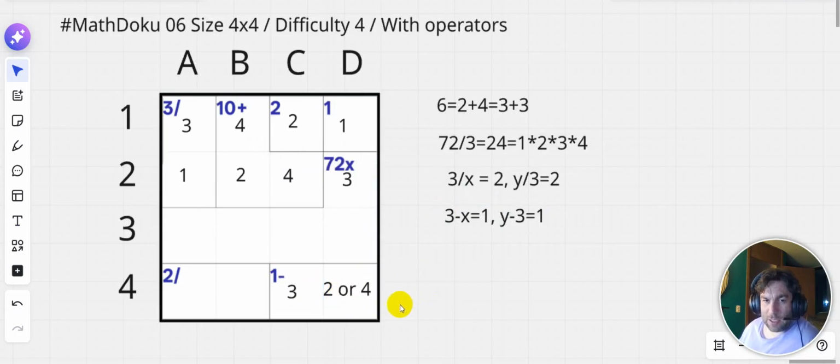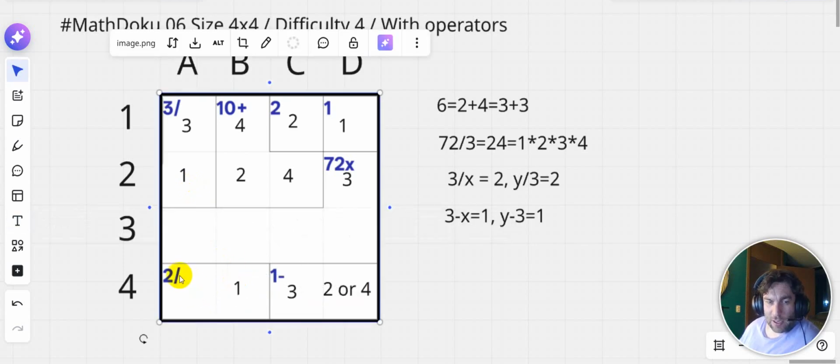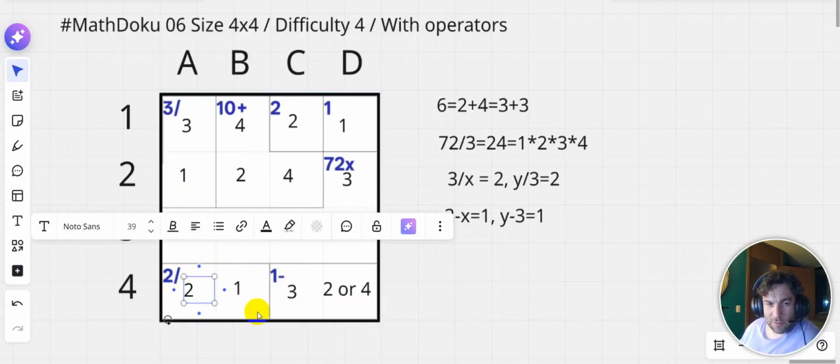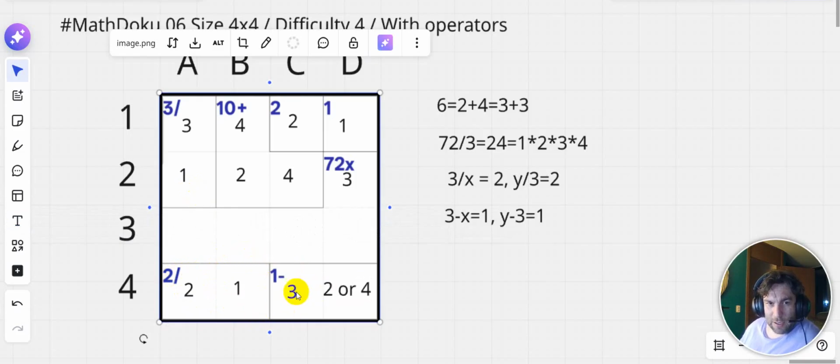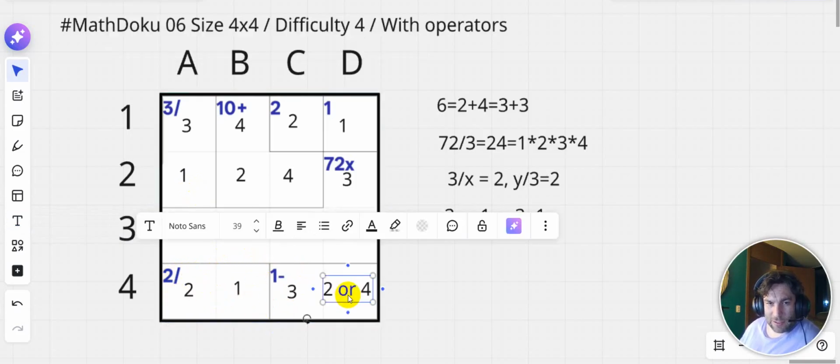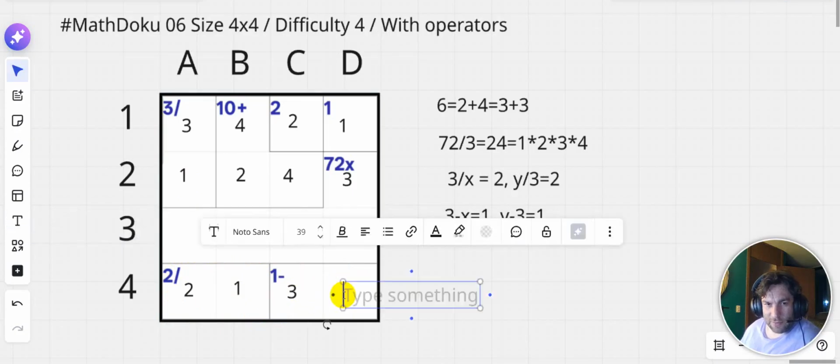Later on we'll have a different notation for that. What we know is that it's not 1. So 1 has to be in this cage. It can't be in column A because column A already has 1, so 1 has to be here. And here, something divided by 1 is 2, so this has to be only 2. Alright? Then this is not 2 or 4 because 2 is already taken, so that's going to be just 4.